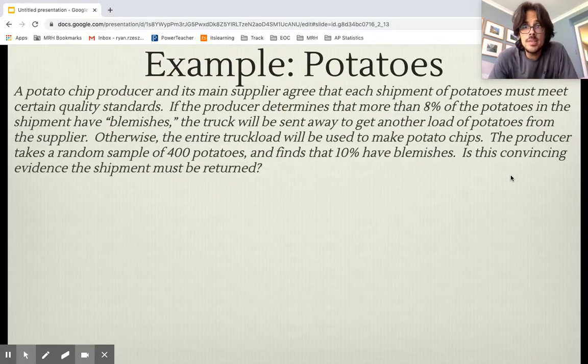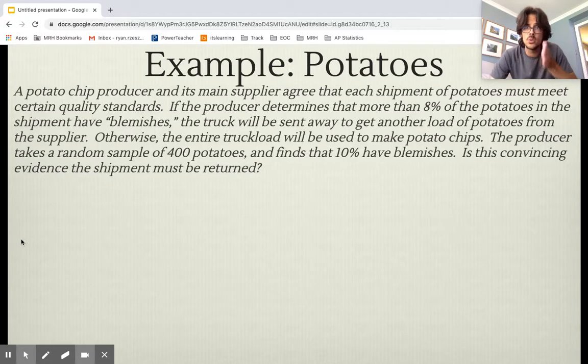This example is going to pop up later in the 9.2c notes, so I will reference it again. What we've got going on is a potato chip manufacturer looking at shipments of potato trucks. They're bringing in all sorts of potatoes, and they're looking at these shipments to see if too many of the potatoes are gross. They have blemishes, they're not going to make good chips, whatever else is going on.